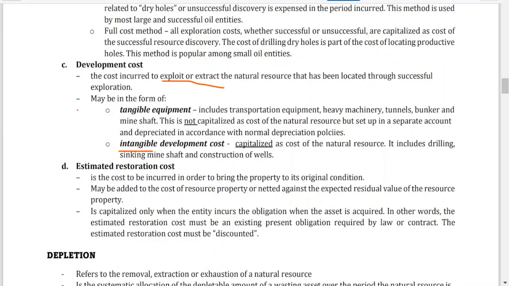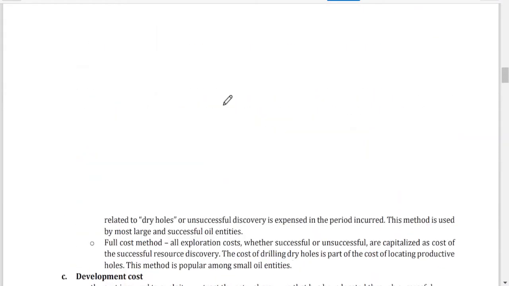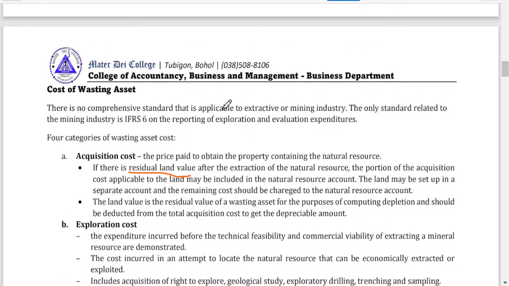So in summary, how do we measure the wasting asset, or how do we measure the cost of the wasting asset? So there are 4 items that you have to remember. So first, we have the purchase price or the acquisition cost of the asset. Okay.